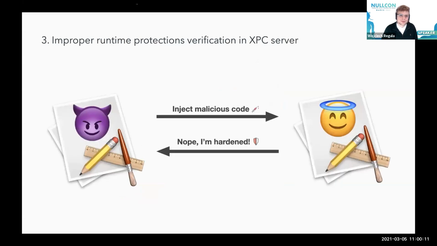Okay. And the third technique. So before macOS Catalina, it was really common that the applications were vulnerable to code injection attacks. Hardened runtime was not mandatory because there was no mandatory mechanism called notarization.